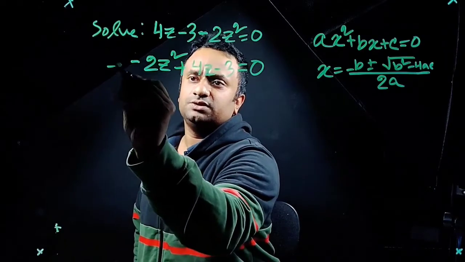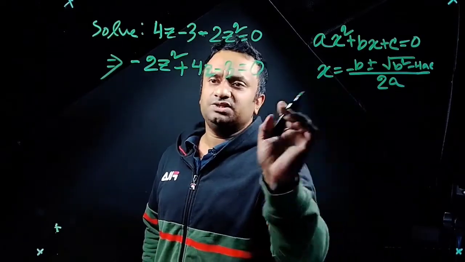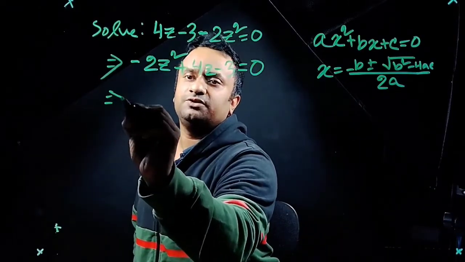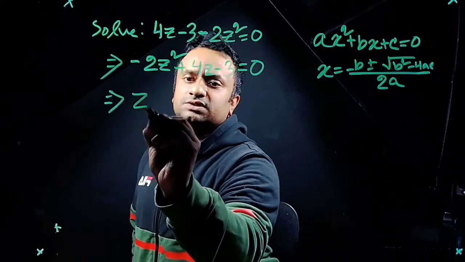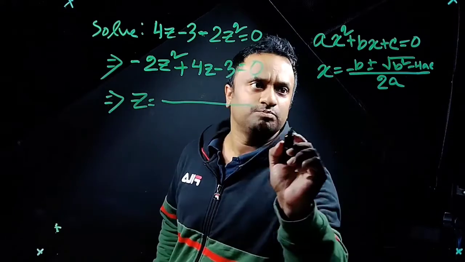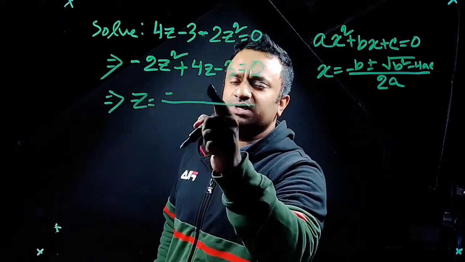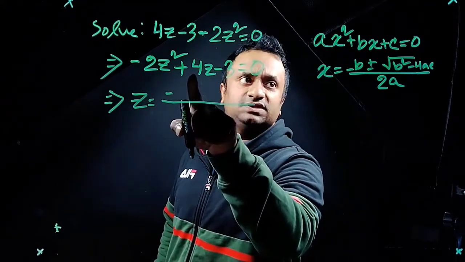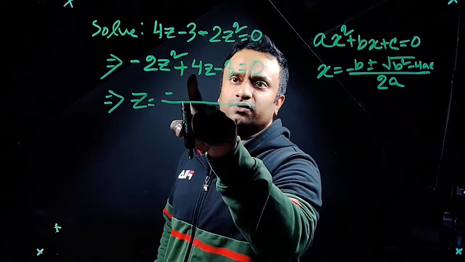Now if we apply this formula, we can write z equals minus b. So what is my b here? My b here is 4.